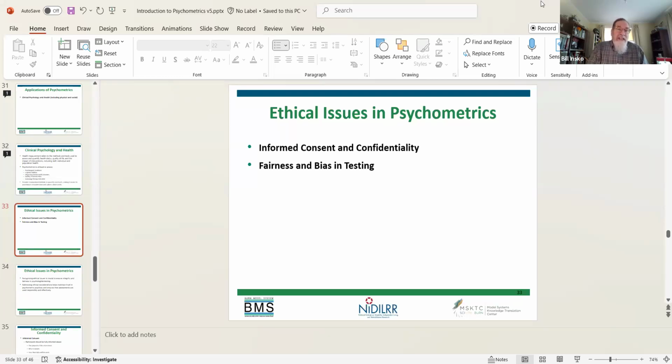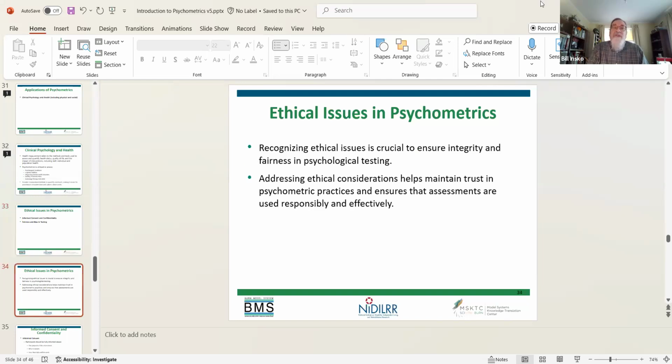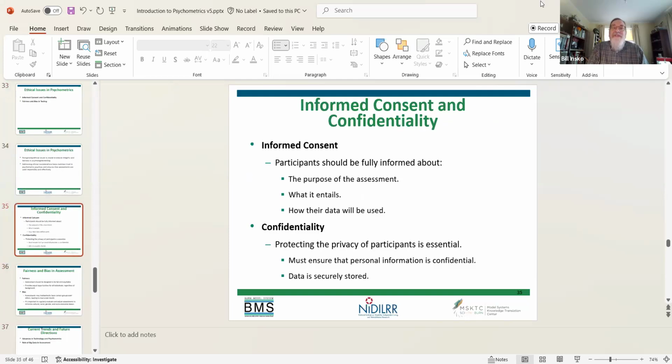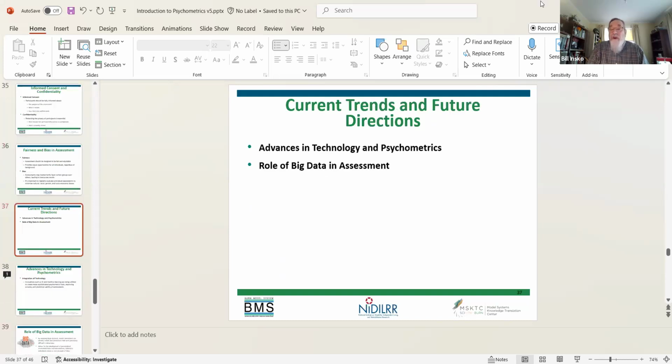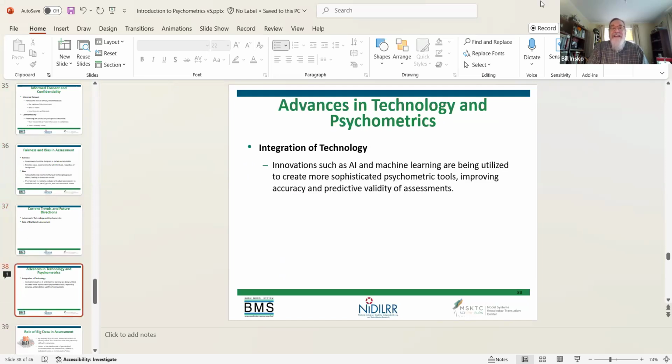And you have boards that evaluate the research that you're going to do, and so I can go through ethical issues, and informed consent is absolutely what you need. And fairness and bias, we've kind of talked about before.